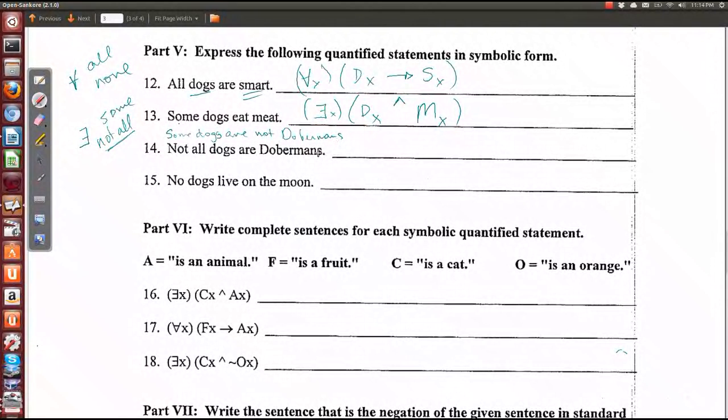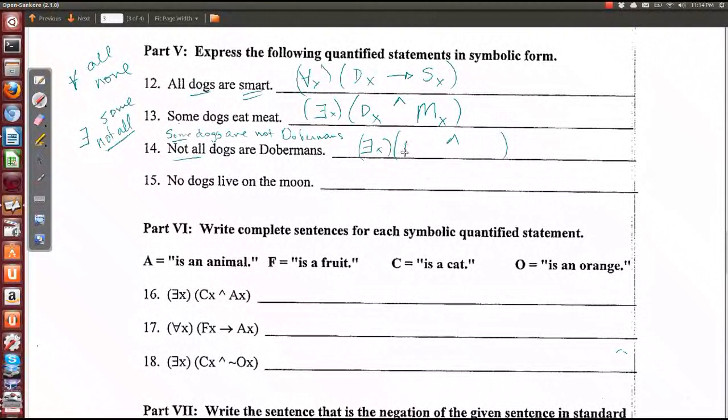And I'm not saying that they're not dogs. I'm saying that they're not Dobermans. Again, not all is the same keyword as some, so I need to be using existential X. And because it's existential, I need to use a conjunction.